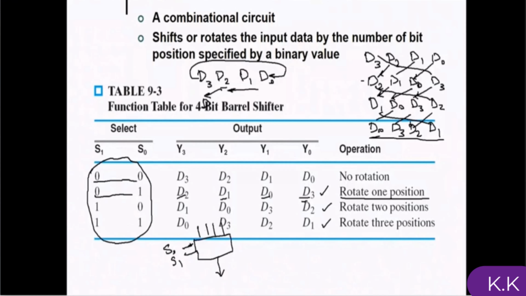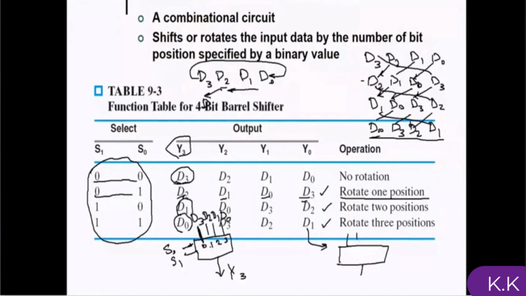So how can I create a circuit to perform these operations according to these 2 inputs? As with 0 and 1, I can use four multiplexers, each one for one bit. The select is connected to the 0, 1. For the last bit, Y3 for example, this is 0, 1, 2, 3.